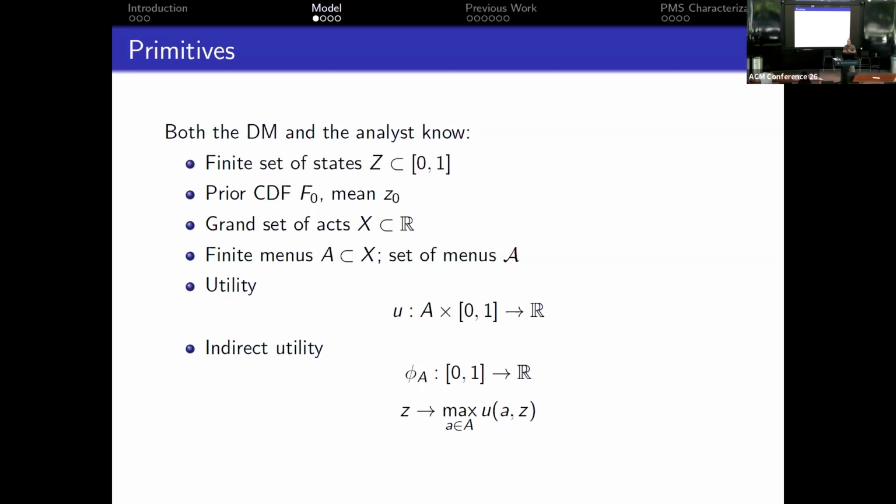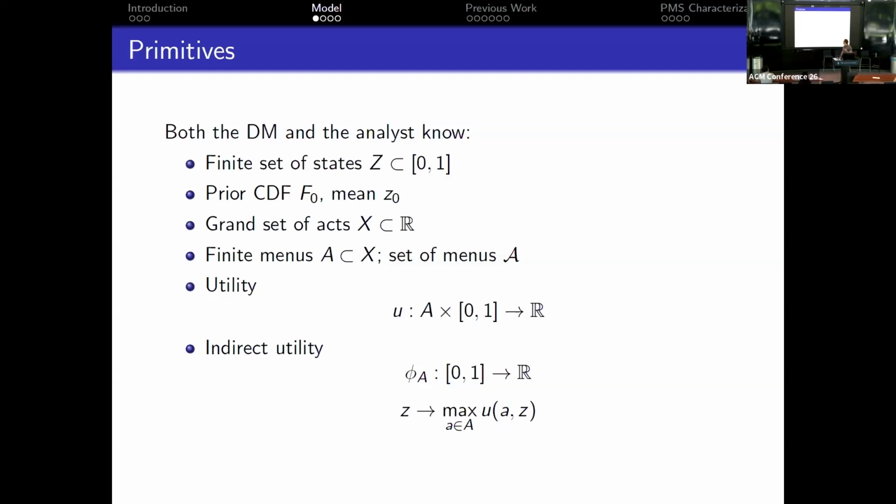There's a commonly known prior CDF, F naught, with prior mean Z naught. There's a grand set of actions that menus will be drawn from in our data set, which I indicate by capital X, and the individual menus are indicated by capital A, which again, for the purposes of the talk, we'll assume are finite. I have an extension in the paper to non-finite menus.